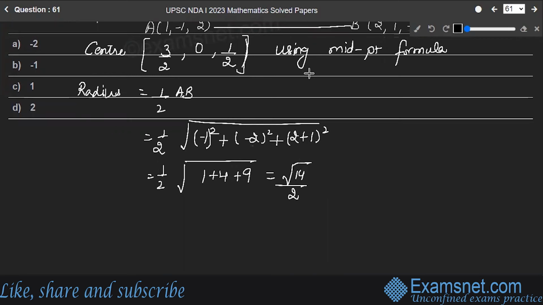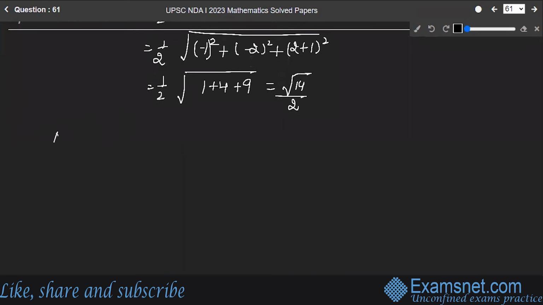We got the center, we got the radius. Now, let's frame the equation of the sphere.